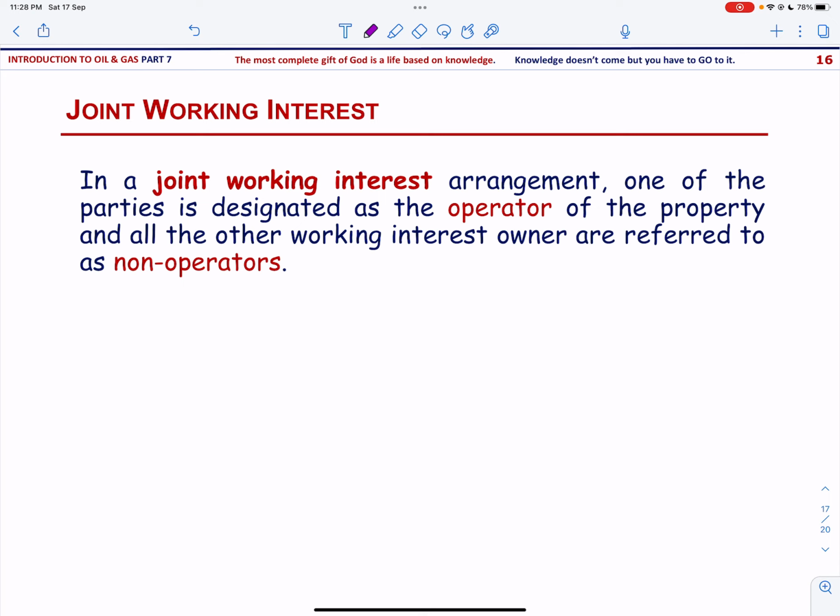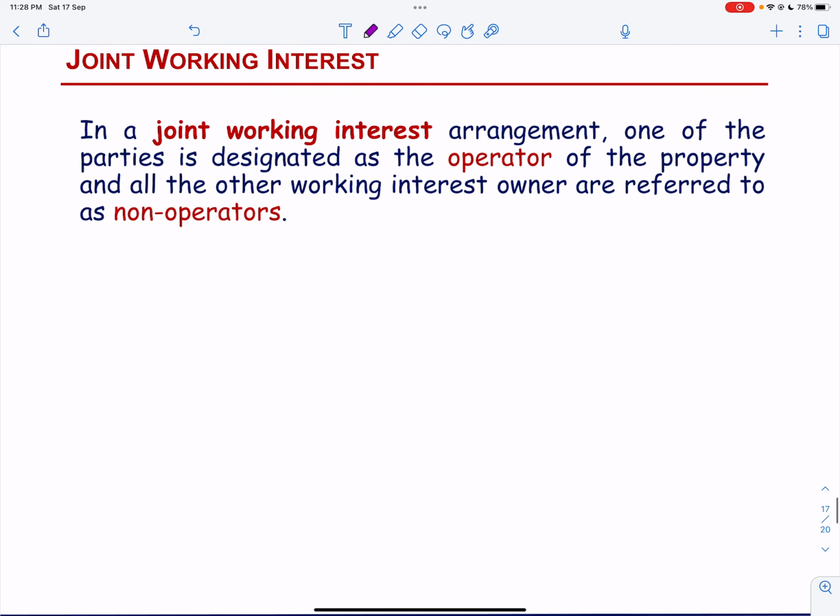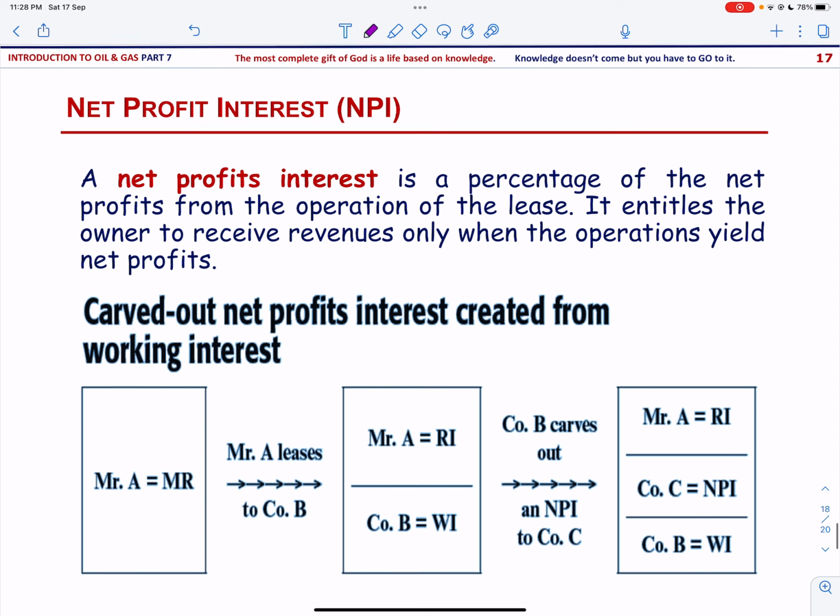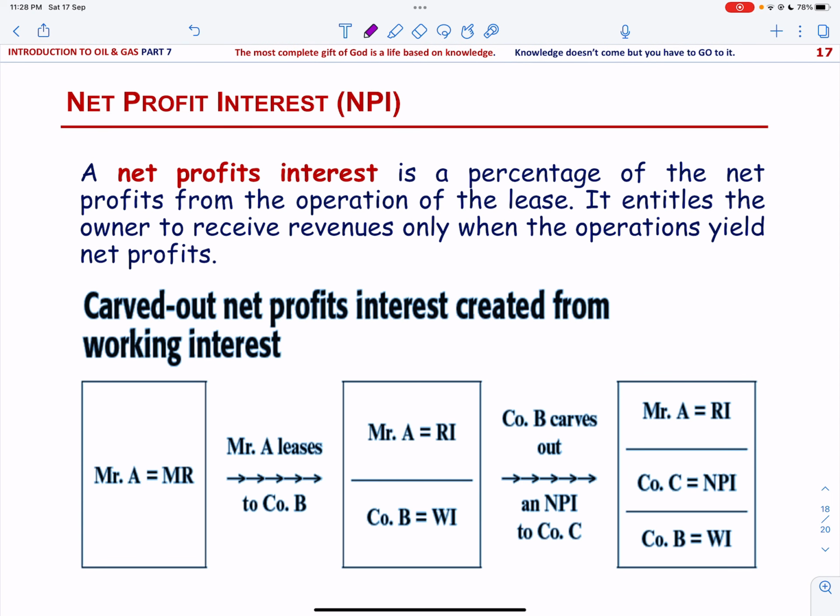Next, let us talk about net profit payment interest. A net profit payment interest is a percentage of the net profit from the operation of the lease. The net profit interest entitles the owner to receive revenue only when the operations yield net profits.